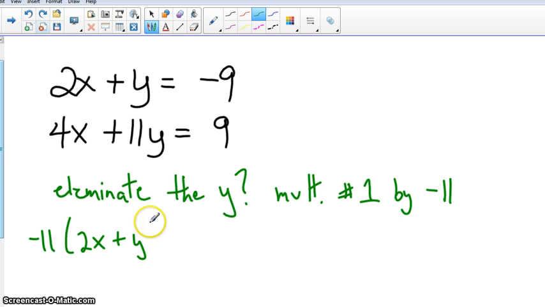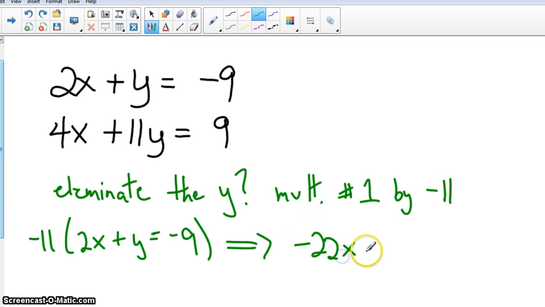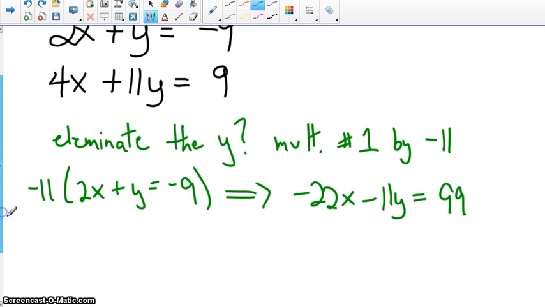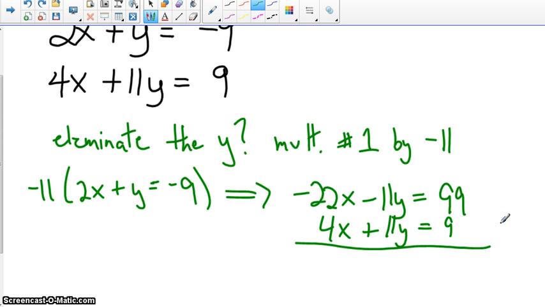Get rid of that parentheses here. Equals -9. What I would get would be -22x minus 11y equals 99. And then my second equation, 4x plus 11y equals 9.